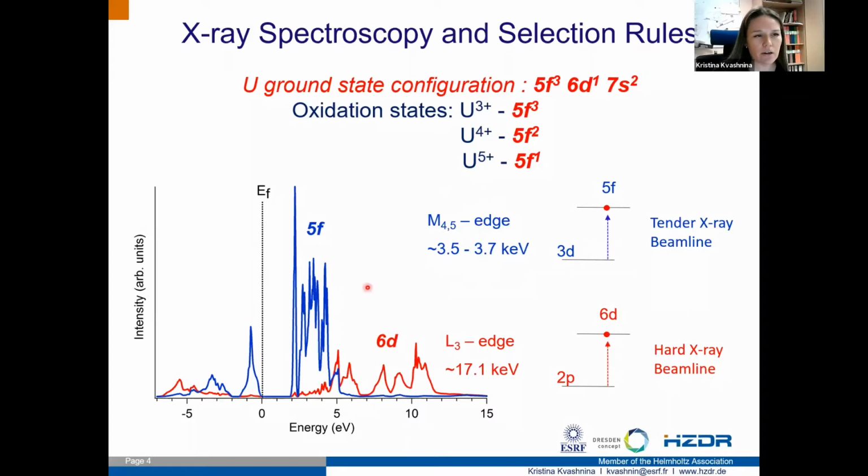So this is X-ray absorption spectroscopy at the M4 and M5 edges. And in fact, this is what I'm going to talk about today. I'm going to show you how we study actinides at the M4 and M5 absorption edges in the tender X-ray range.